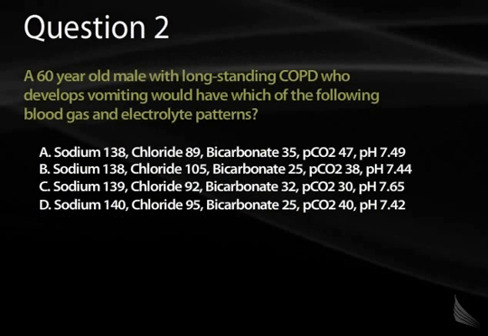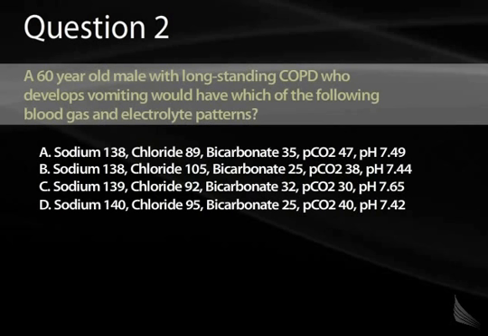Question 2. A 60-year-old male with long-standing COPD who develops vomiting would have which of the following blood gas and electrolyte patterns? A. Sodium 138, chloride 89, bicarbonate 35, PCO2 47, pH 7.49.